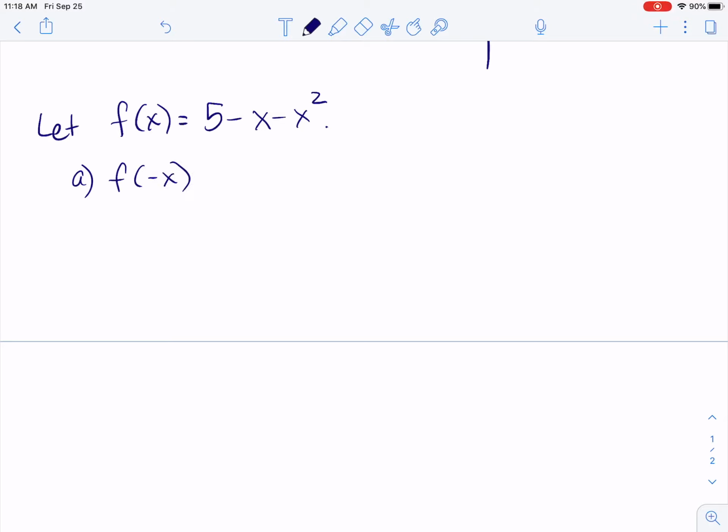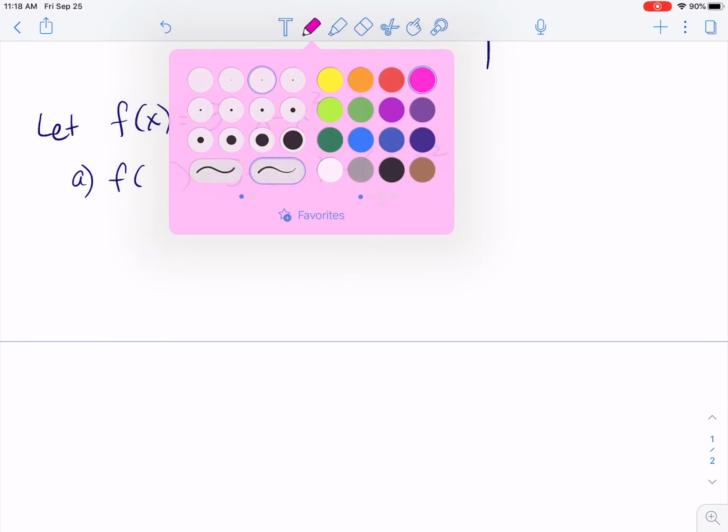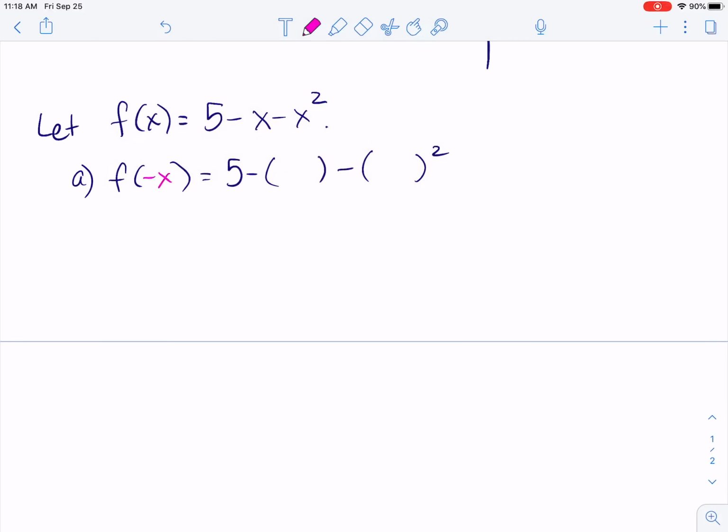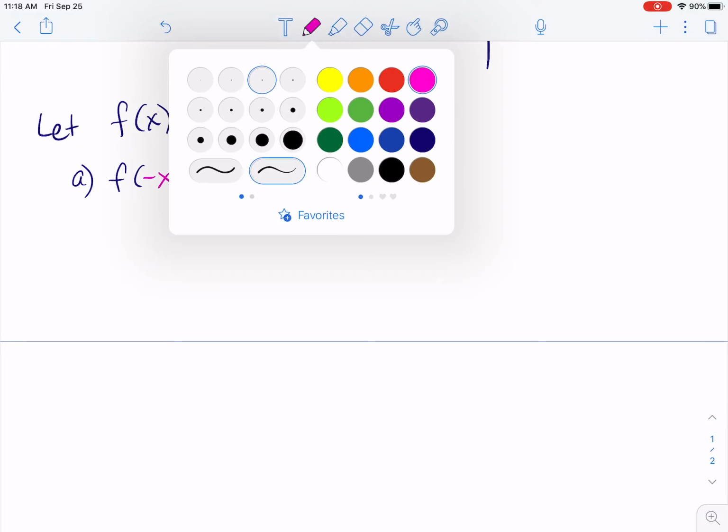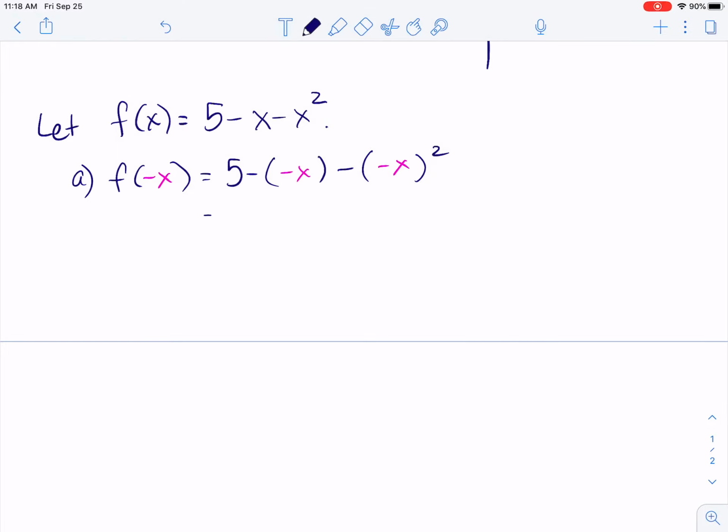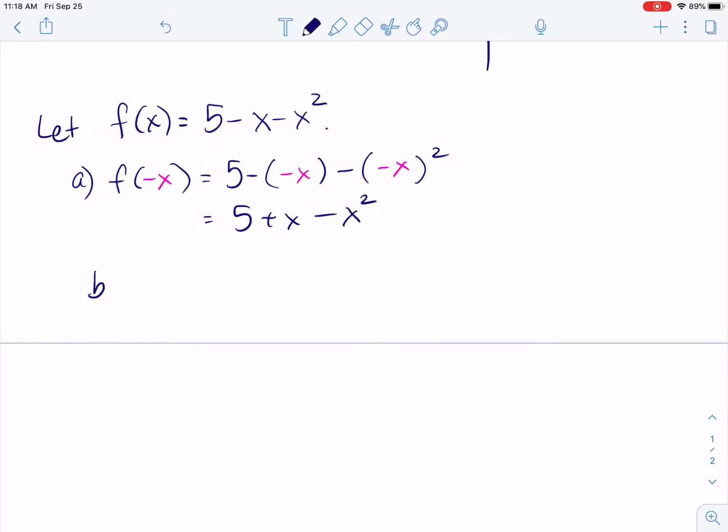I'm going to be deliberate with my color. So this is f of negative x. That means anywhere I saw x before, I now plug in negative x. Okay, and then when I clean that up, I end up with 5, well now plus x. Negative squared becomes a positive, so that's still minus x squared. So f of negative x becomes 5 plus x minus x squared when we're given that original f of x.